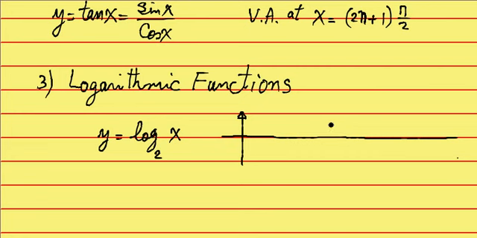At x equal to 1, I know logarithm of 1 is 0, logarithm of 2 in base 2 is 1, logarithm of 4 in base 2 is 2. So I skip 3. Well, I really need a calculator to know exactly what the value is, somewhere between 1 and 2, but I wouldn't know what. 8, logarithm of 8 in base 2 is 3, and so on.